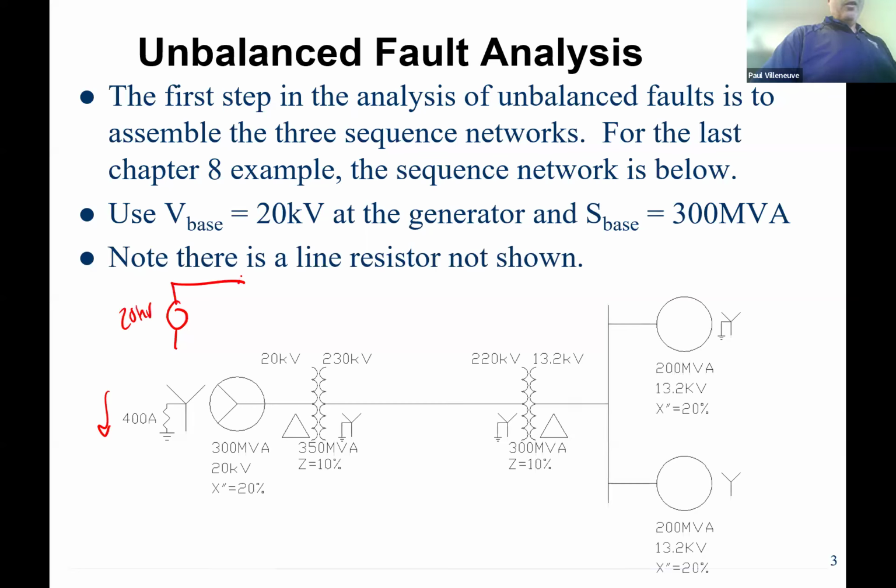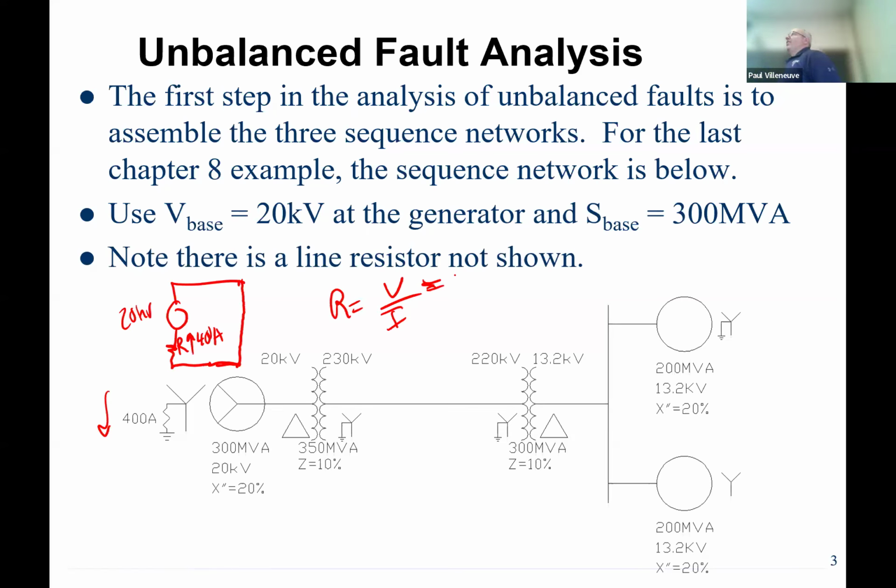Then I have a fault to ground here. And so this is the earth. And then coming up through here is a resistor who limits the current to 400 amps. So R is equal to V divided by I, which the first thing you want to do is say 20 kV divided by 400 amps.